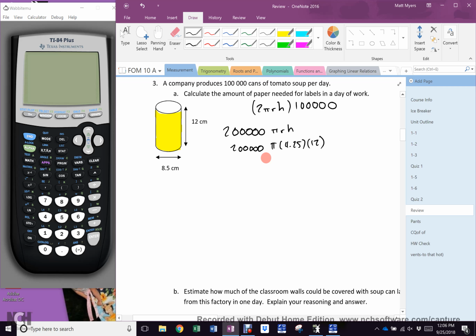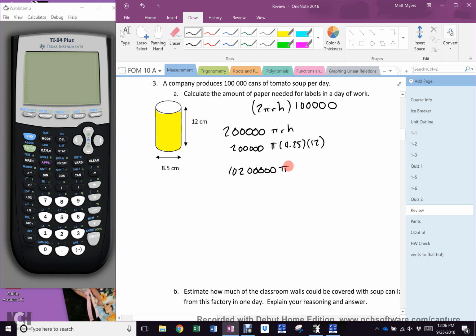What's 51 times 2? 102. Plus how many zeros? Because it's 51 times 200,000. So it's 51 times 2, which is 102, with how many zeros? 5.